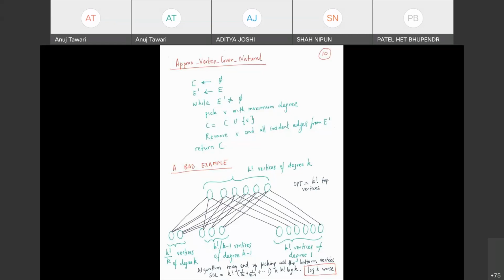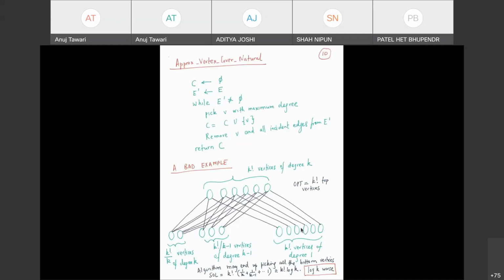So how are we going to compare it with the optimal vertex cover? That's what we want to decide. We are given this particular algorithm. How do you even proceed? First, what is your guess for the approximation factor, and then we'll see how to prove it. Okay, so I have shown you a bad example.